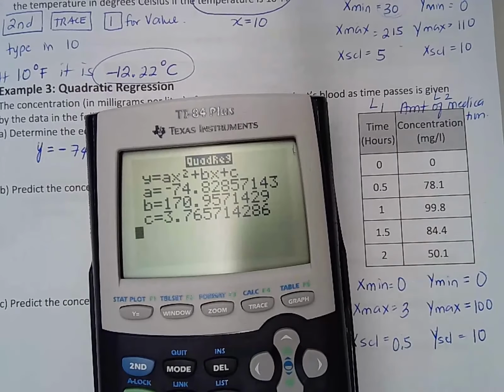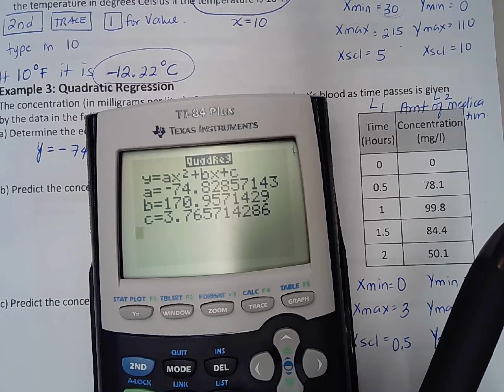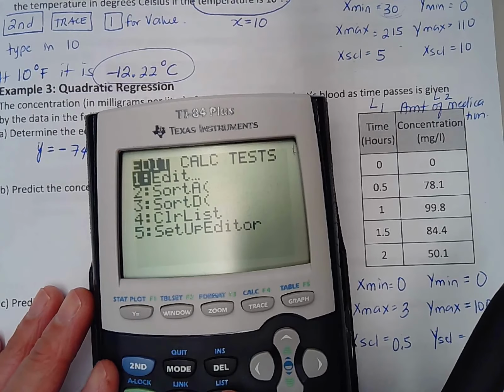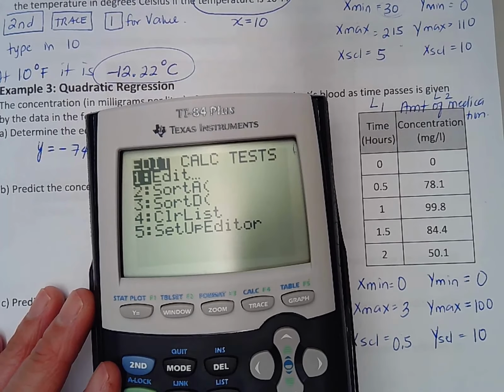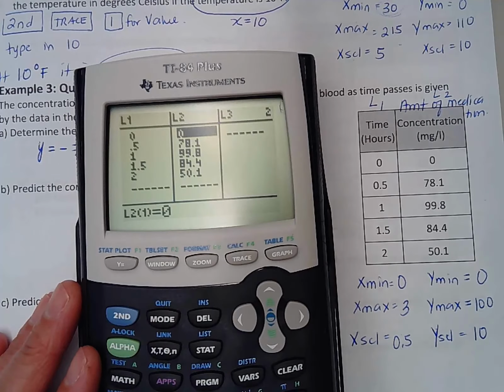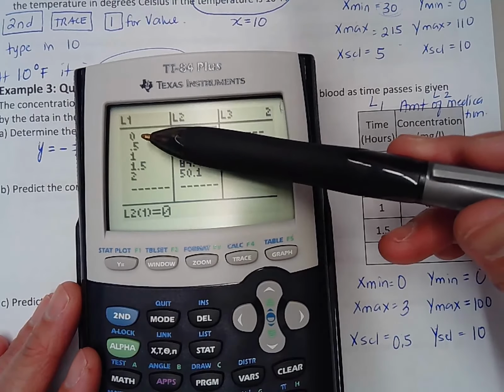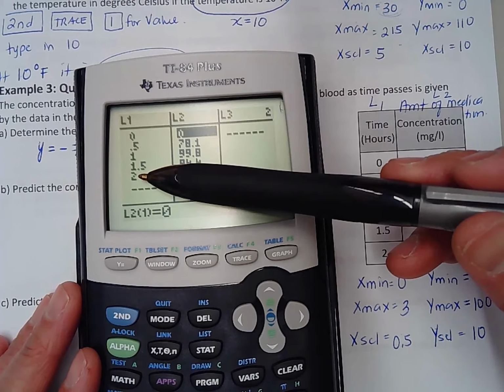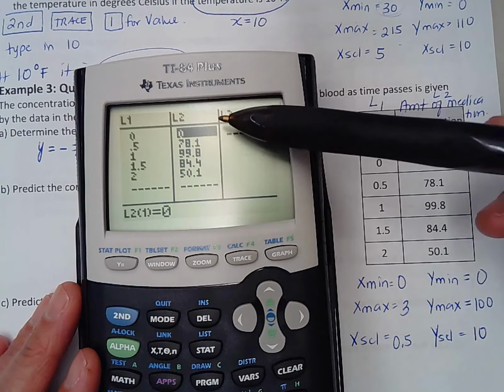Now, let's take a look again. There shouldn't be a difference, but let's take a look. Go to Stat, Edit. Did you get 0.51, 1.52? That's okay. Now go to L2.